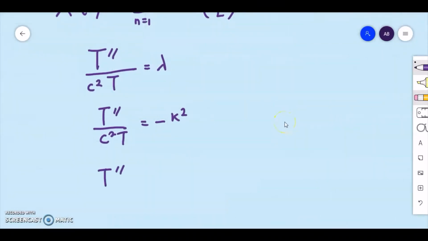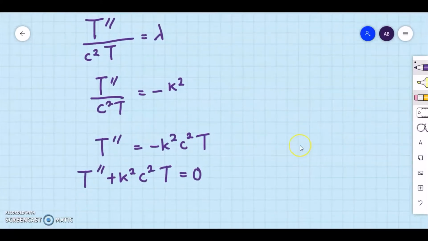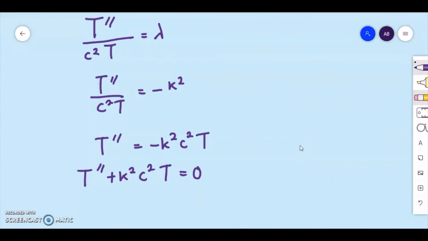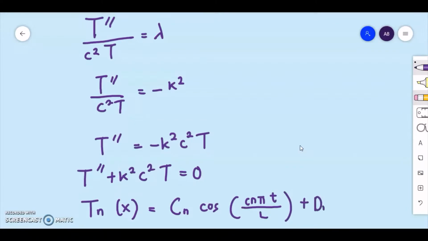Similarly, we'll get a similar approach to the x term. So you will have a complex root. Again, with the complex root, I can write this as Tn(t) equals Cn cos (c n pi t over L) plus Dn sine (c n pi t over L).